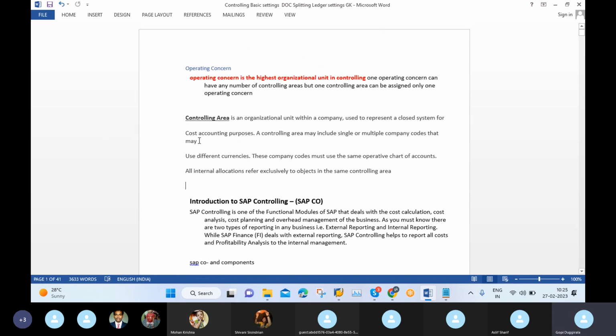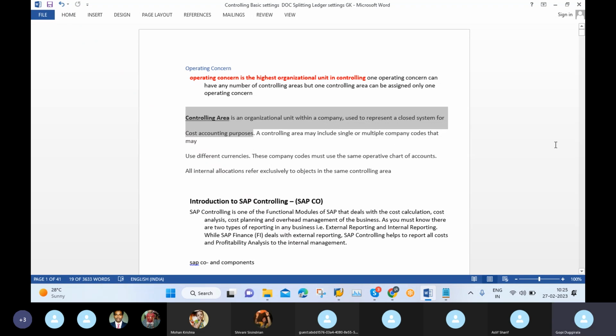Then what do you mean by controlling area? So controlling area is an organizational unit within a company. This is also very important. Within a company, not a company code. Company means, again, what do you mean by company? Group of companies. So the head of the group we call a company, right?